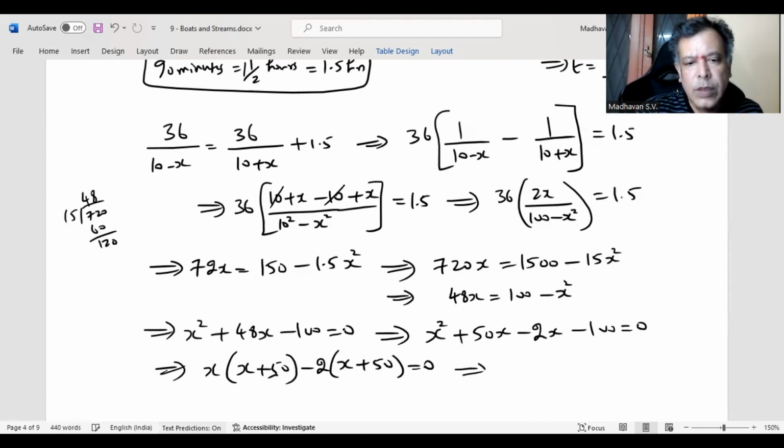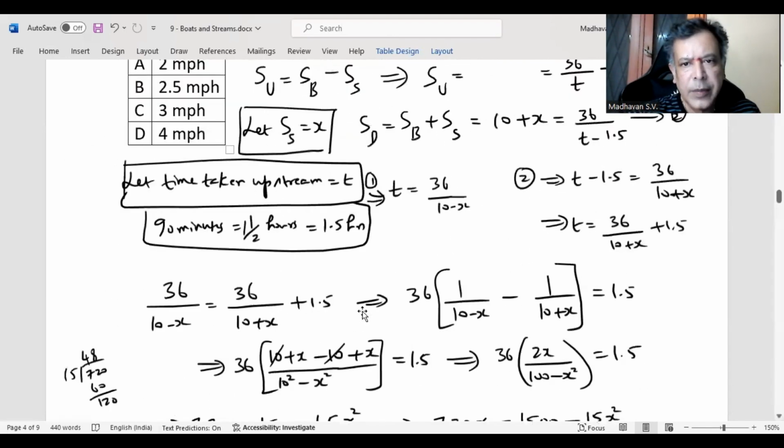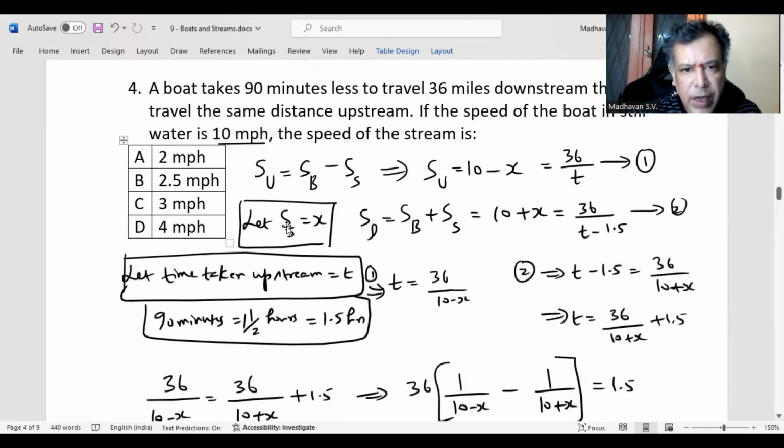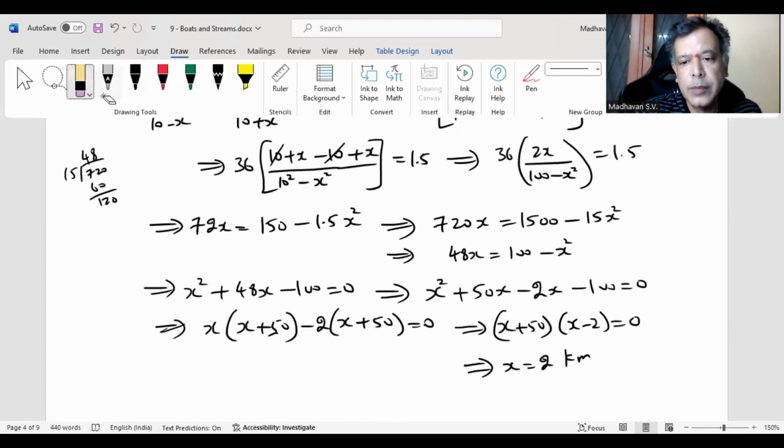So x plus 50 times x minus 2 equal to 0. Ignoring the negative root, x being our speed of the stream, it cannot take any negative value. So we can say x is equal to 2 miles per hour.